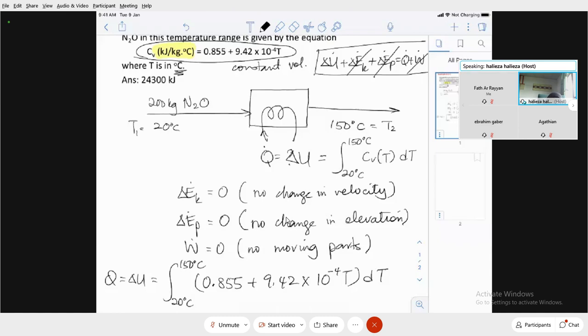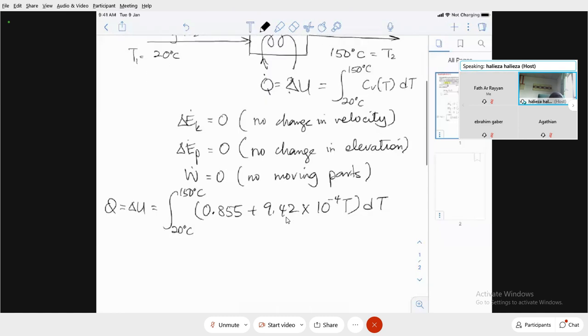Yeah, so now let's do the integration. What's the answer, guys? You have your calculator. What's the answer? Anybody give me an answer?